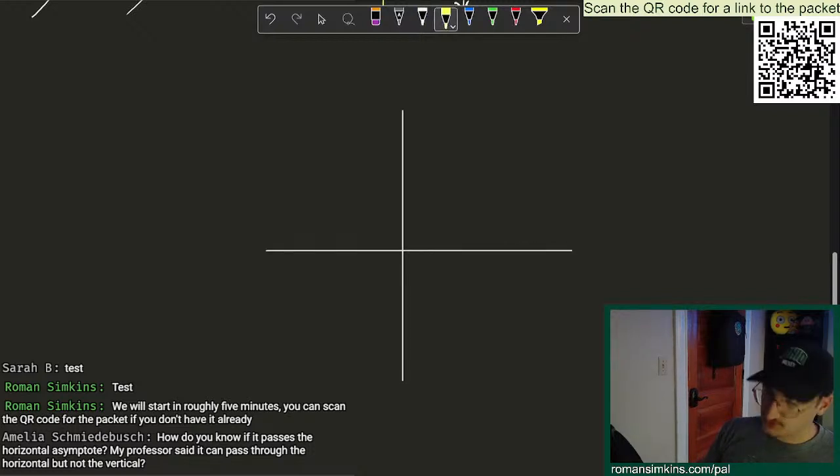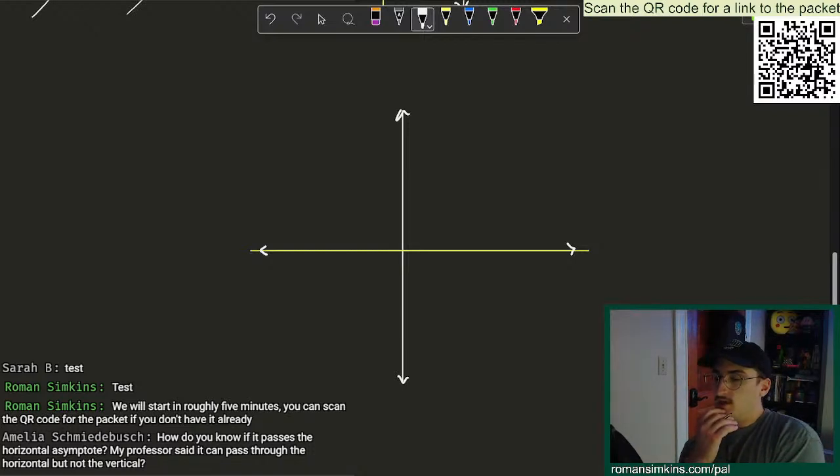Let's say I have a graph, and I have some function, but it has a horizontal asymptote. Just for this example, I'm going to place my asymptote across 0 like this. Keep in mind that underneath this, I have my axes. The thing about horizontal asymptotes is, yes, you can cross a horizontal asymptote, and there will usually be a couple of indicators telling you that you can.